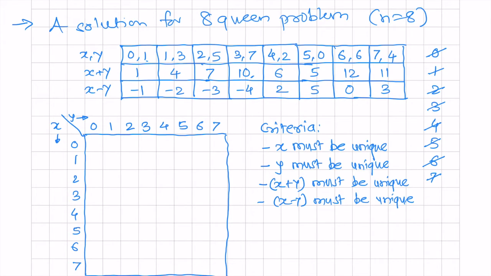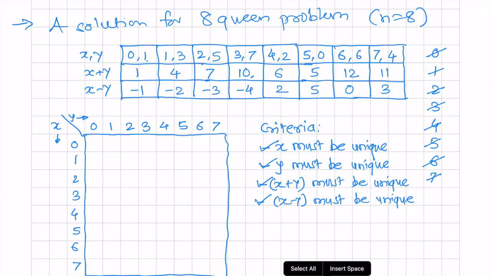We know that all x values are unique. The y values we have also ensured to be unique. X plus y: 1, 4, 7, 10, 6, 5, 12, 11, they are all unique. X minus y, the difference: minus 1, minus 2, minus 3, minus 4, 2, 5, 0, 3. So yes, the differences are also unique. All our criteria are met, so this must be a solution.